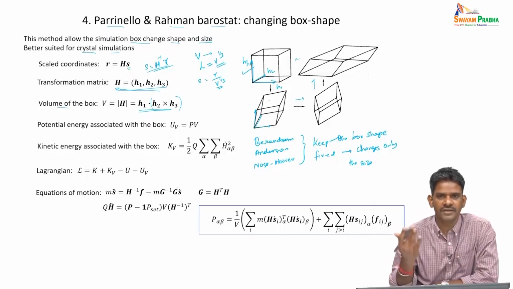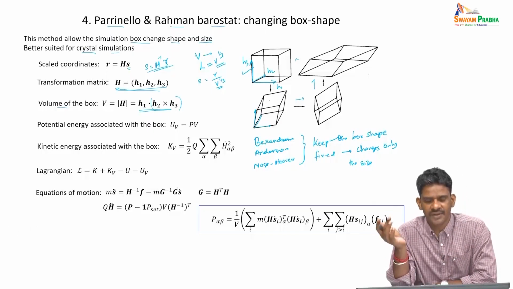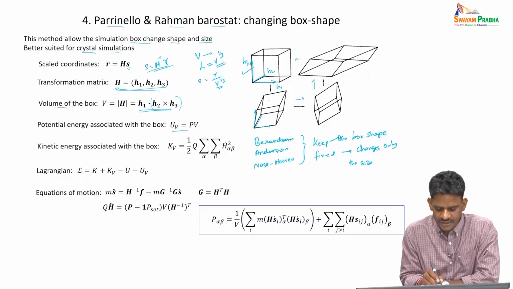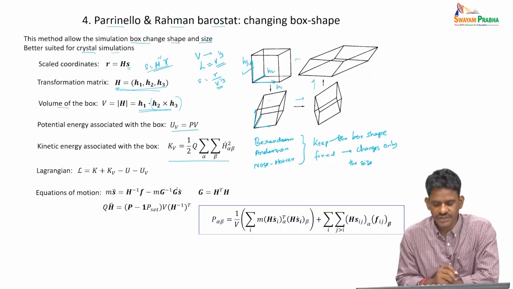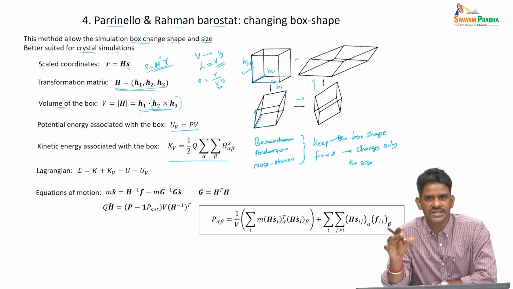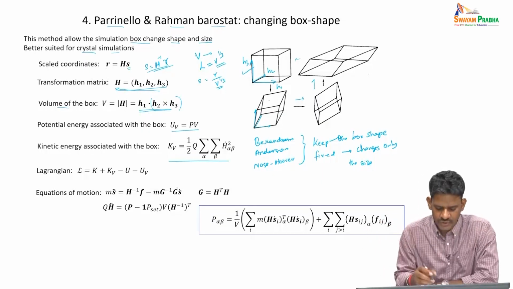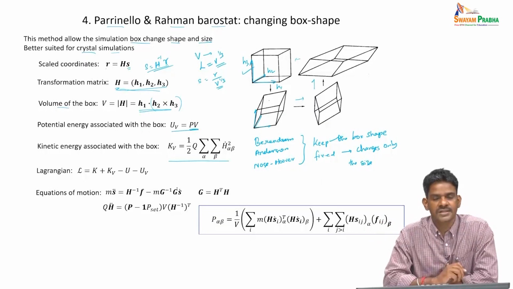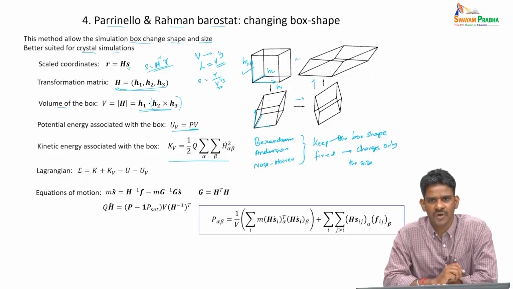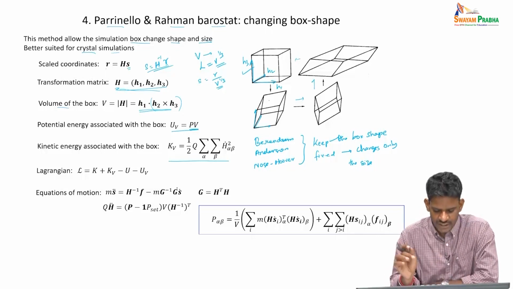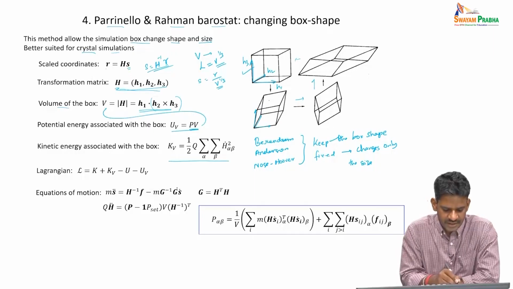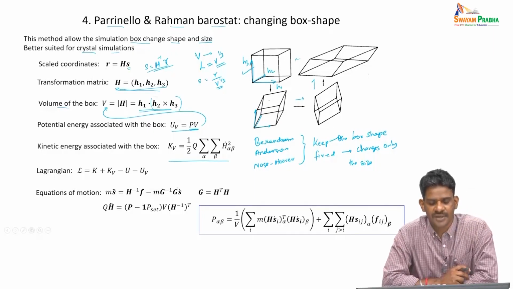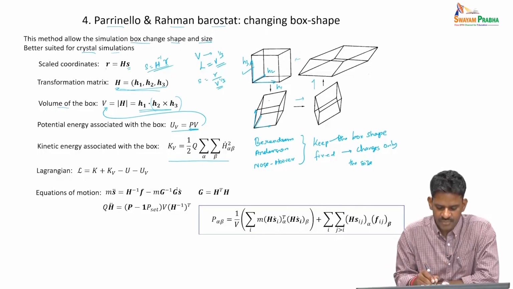Like before, the way we used the Andersen extended method, we define additional potential energies and additional kinetic energies with regard to change in the box size and shape. So you can see that P times V is the potential energy associated with the box volume change, and this V here is given by h1 dot h2 cross h3, and P is the pressure that we want to set.